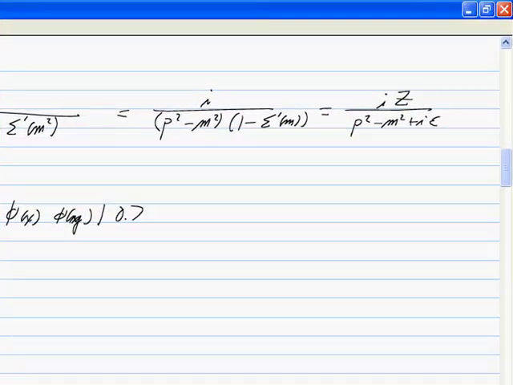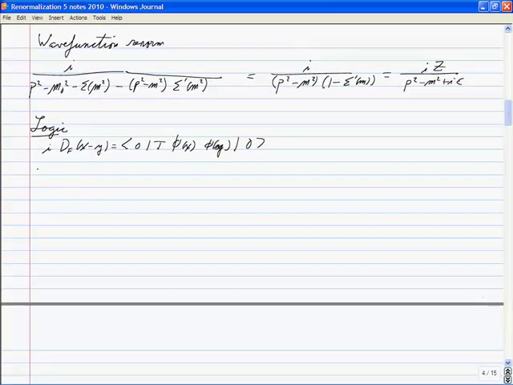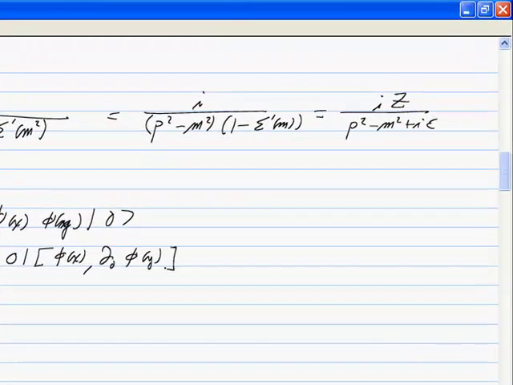We went through a little calculation that said that del squared plus m squared acting on iDF turned into the commutator of phi of x with respect to y, d0 phi of y at x0 equals y0.